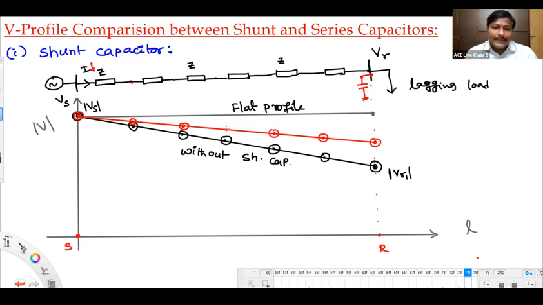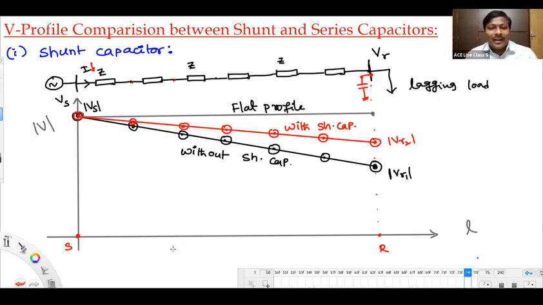There is an improvement in the voltage profile after adding the shunt capacitor bank. So I can say it is with the shunt capacitor bank, and this voltage we call VR2, mod VR2, with the shunt capacitor bank.